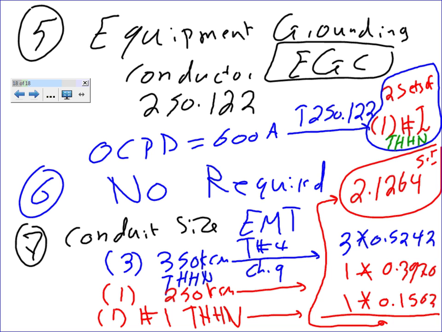Okay, the last step, my friend, and I hope everybody knows that, guys. You're graduating now. We've done that one a couple of times. So let's go size a conduit. 2.1264 square inch.